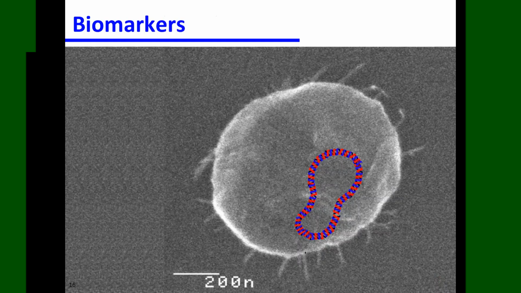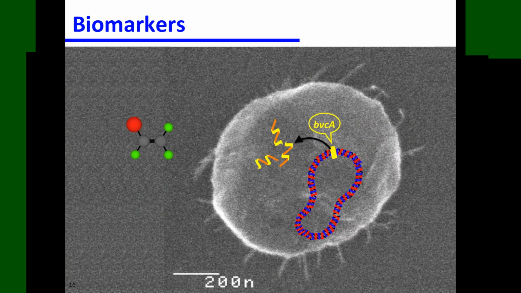Now, I illustrate this here. This is a cell of D. mccartyi. That's the genome of this organism, this cell. And now there's the 16S rRNA gene that you can target with a biomarker approach, qPCR. Then we also have functional genes, like in this case BVCA, encoding for vinyl chloride to ethene reductive dehalogenase.